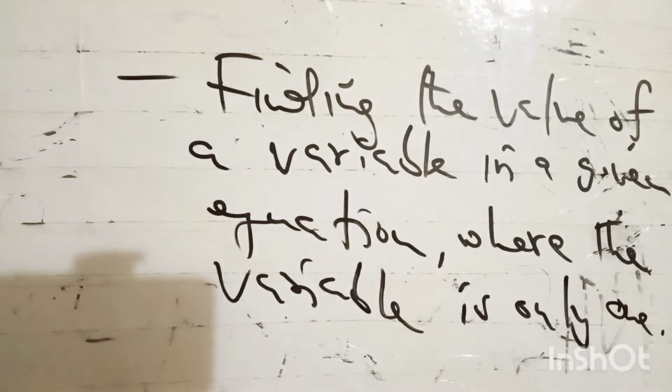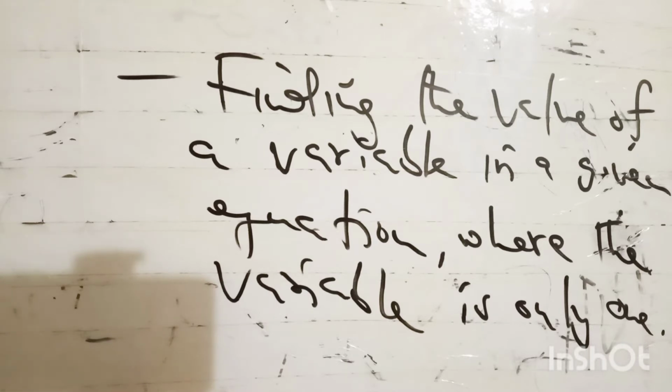In other words, we are finding the value of a missing number, or the measure of a missing variable of an equation where the variable is only 1, or finding the value of a number in an equation with only one variable.